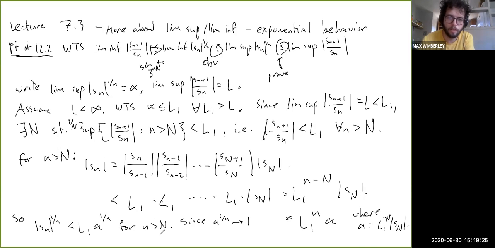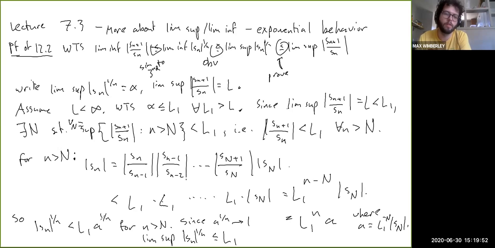If we take the lim sup on both sides of this inequality, this is a convergent sequence.